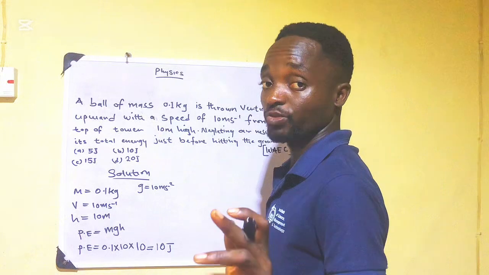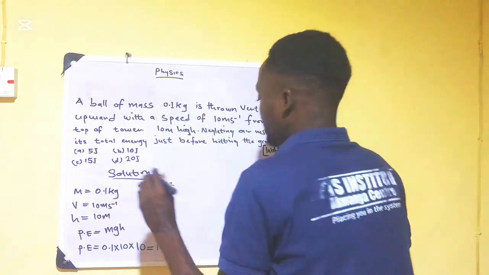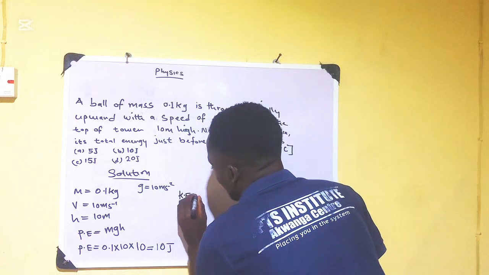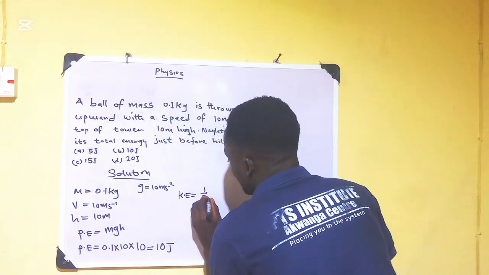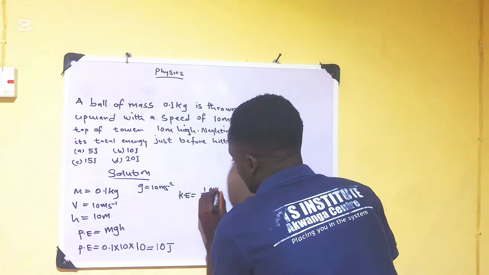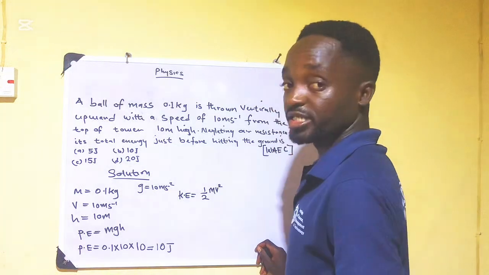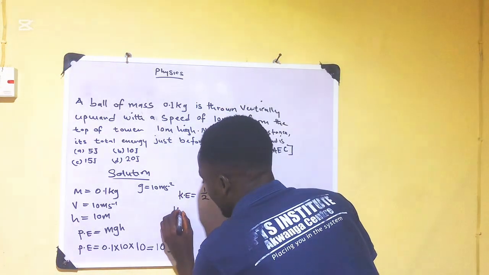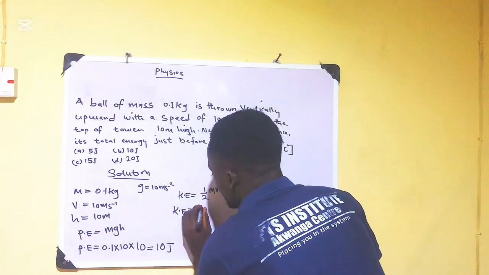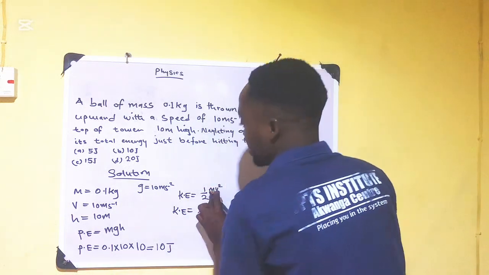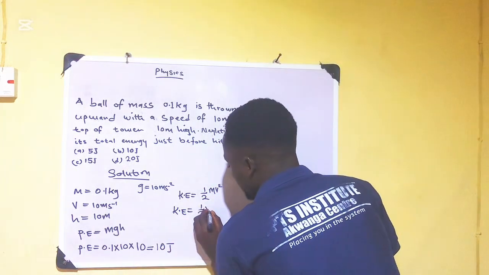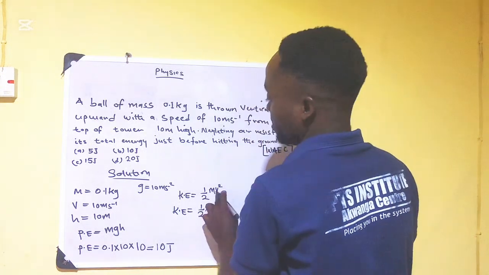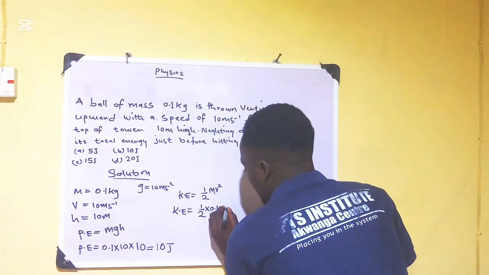Then I'm also going to proceed and find the kinetic energy. Remember, kinetic energy, KE, is given as 1/2 mass times velocity squared. This is the formula for kinetic energy. So 1/2, my mass is 0.1, times v squared, and my v is 10 meters per second.